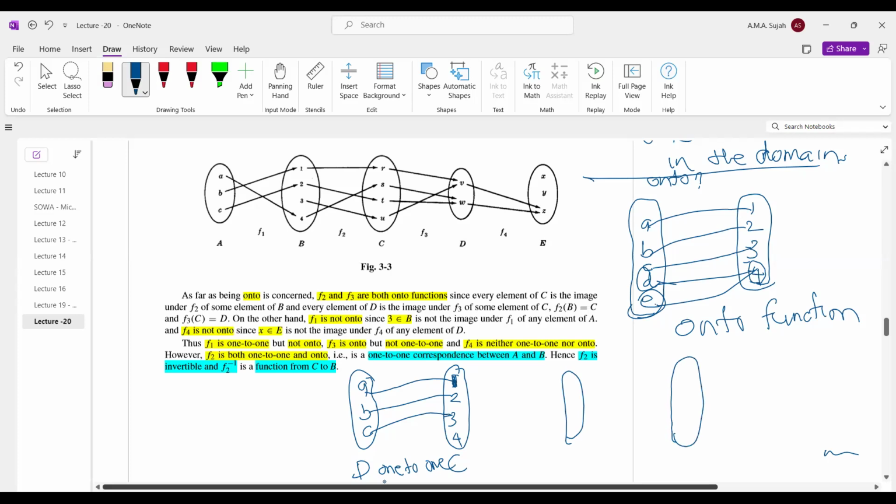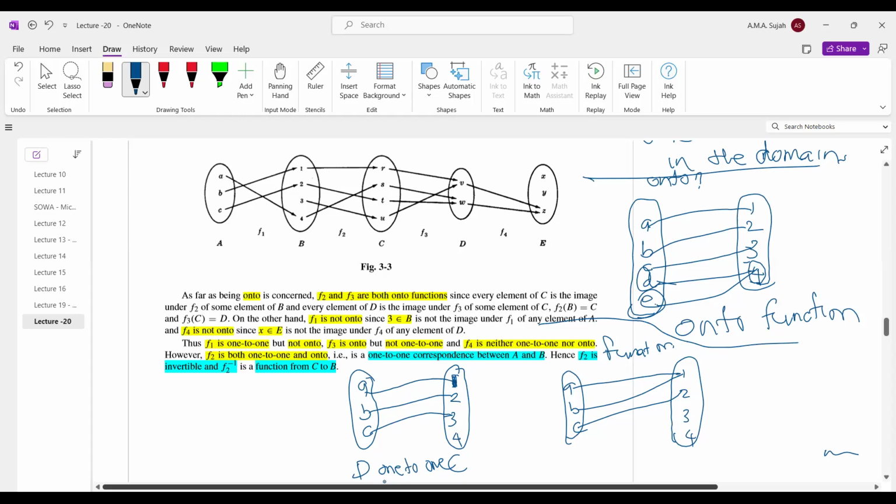I will explain it this way, right? A, B, C, and 1, 2, 3, 4. If you map this way, this is also a function, right? But it breaks the condition for one-to-one.